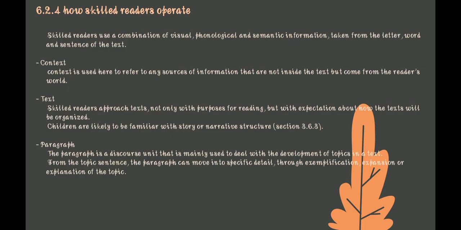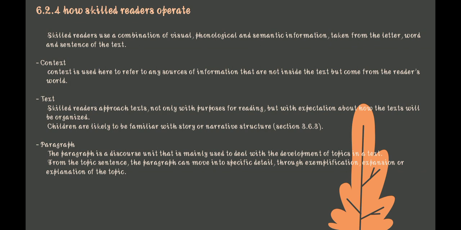And next, how skilled readers operate. Skilled readers use a combination of visual, phonological, and semantic information taken from the letter, word, and sentence of the text. There are 8 levels. Point one, context.